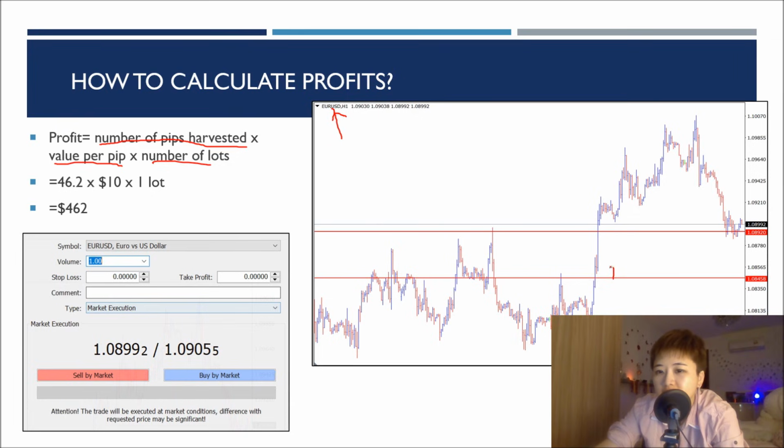Let's say you entered at 1.08458, and you set your TP at 1.08920. 1.08920 minus 1.08458, without taking into account the spread, your number of pips harvested is 46.2. So overall, your total earnings is $462 if this trade works out. This is without taking into account the spread, so if you subtract the spread, it's slightly less than this.